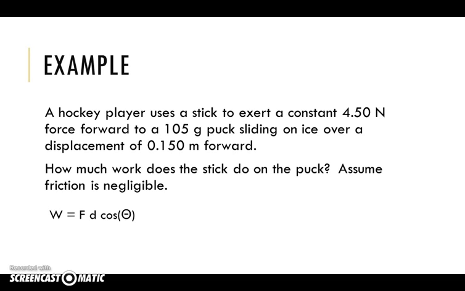Here's our formula, W equals F D cosine theta. We're just going to plug in 4.5 and 0.15, and we don't have an angle here, so cosine theta just goes away. When you multiply those two numbers you should get roughly 0.675, and you add J as your unit because we are talking about joules.